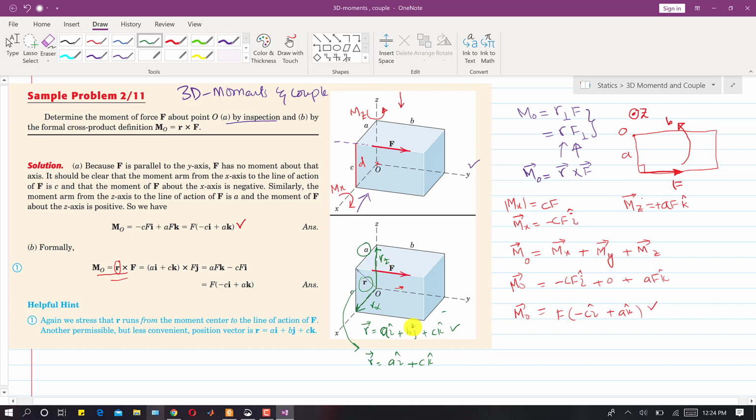Now if we take the cross product of force and R, either this R or this R, we will get the same result, right? So what is the vector representation of this force?